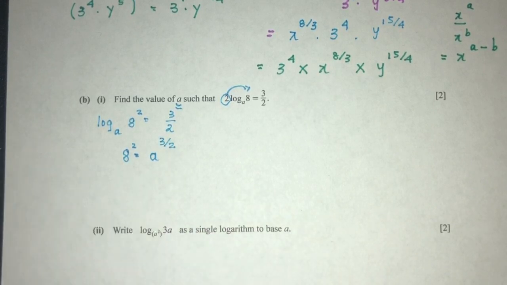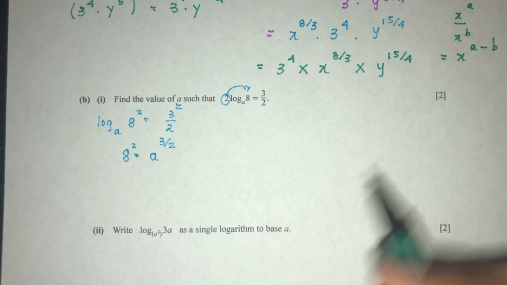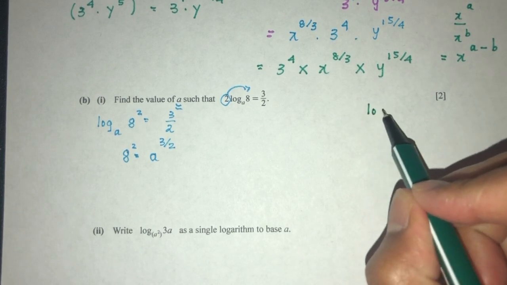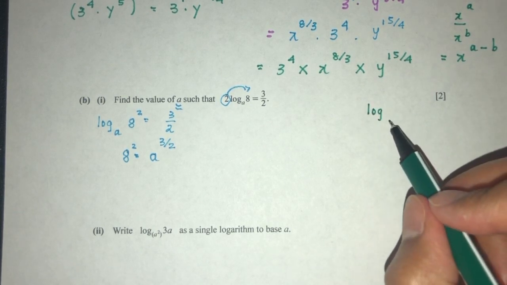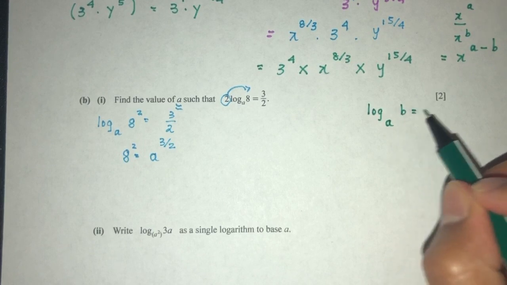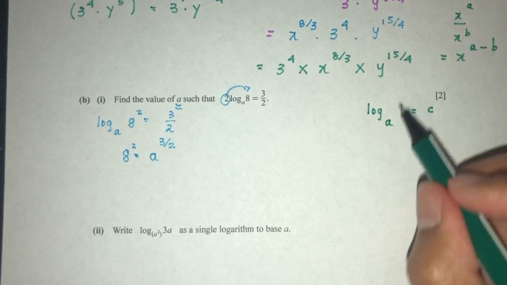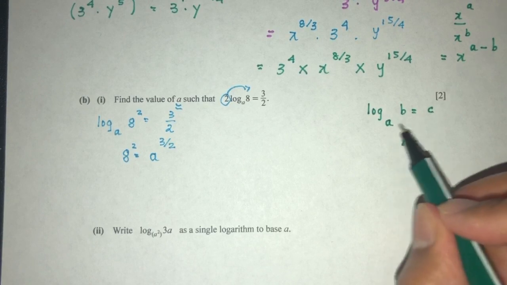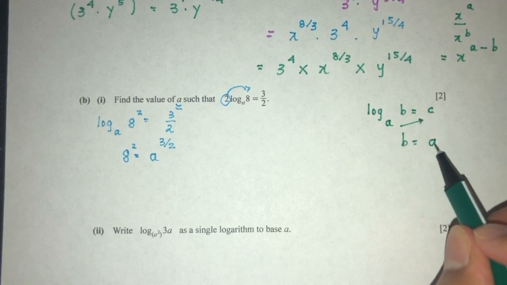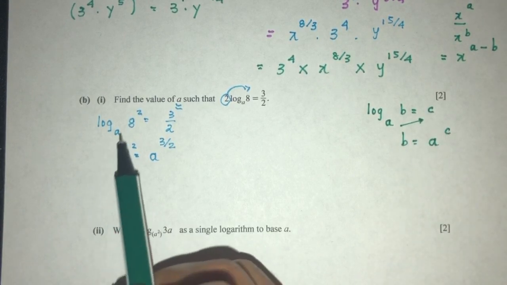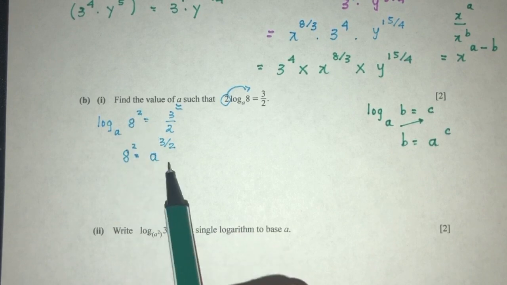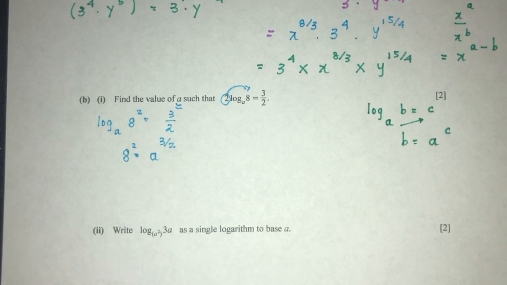That makes sense. Hopefully it does. For example, when we have log base a of b equal to c, to find the value of b, we have to send this here. That will be a power c. So same idea here. To find the value of this, we send this here. That will be this. Now we can simplify, obviously.